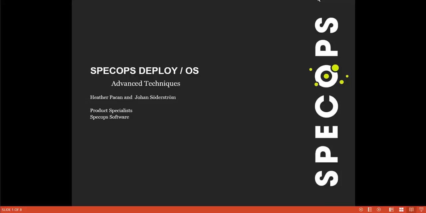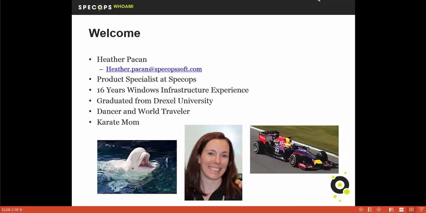So let's get started and introduce ourselves for those who haven't been on before. I am Heather Potson, one of the product specialists. Been working in infrastructure for a long time. For those of you who have been attending, I'm not going to bore you with some of the same facts. So something new about me. In addition to my hobbies, I enjoy following Formula One racing. And also, I enjoy beluga whales. Nice. Yeah, got to switch it up.